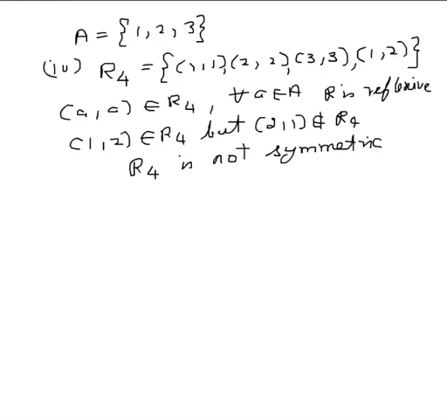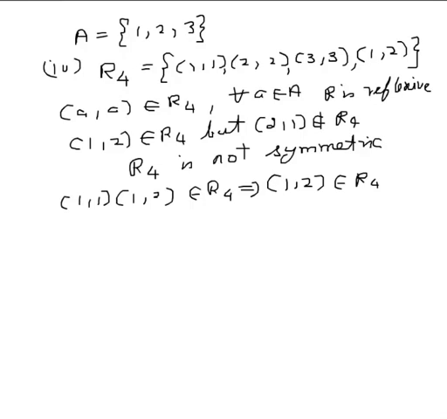Okay, transitive, yeah: (1, 1) and (1, 2), (1, 2) is there. And if I take (2, 2), we don't have any element starting with 2 to check. And (3, 3), there is no other element starting with 3.